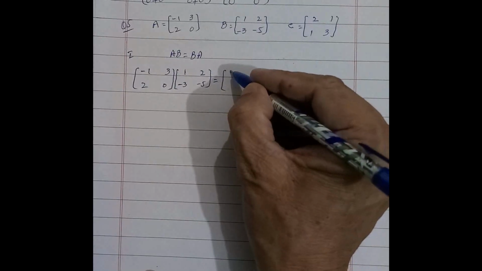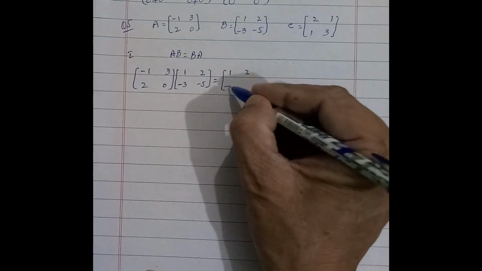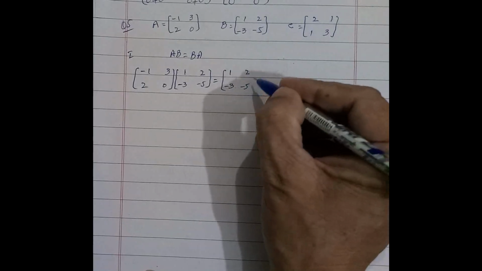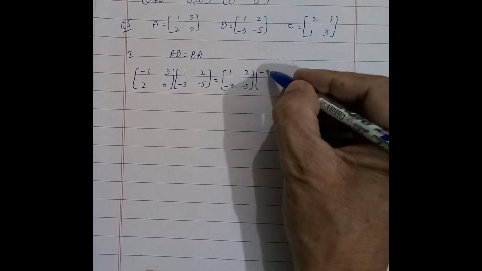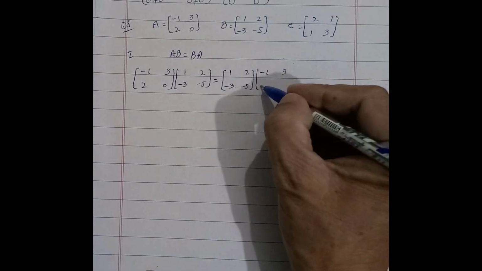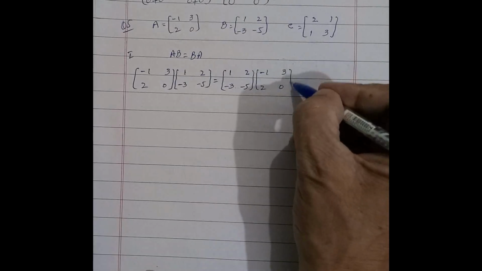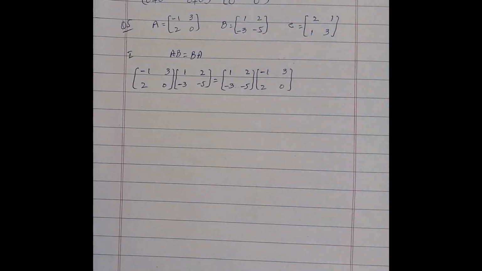We write first B 1 2 -3 -5, and then matrix A, which is -1 3 2 and 0. Now we multiply these two matrices. The left side is A into B and the right side is equal to B into A.